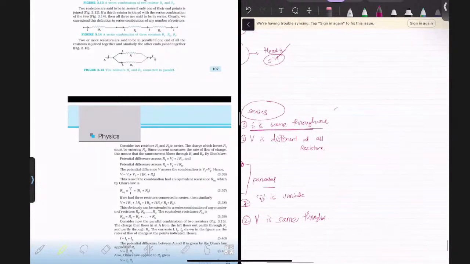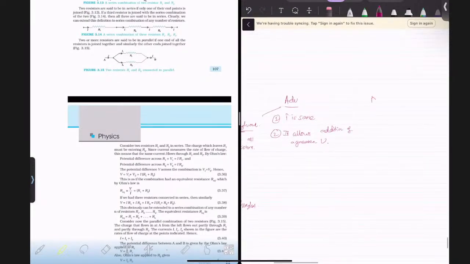Series connection में advantage क्या था, मैं लिख देता हूँ एक बार. सीरीज कनेक्शन में advantage क्या होता? I is same throughout. Second, it allows addition of a greater voltage. Disadvantage क्या होगा सीरीज कनेक्शन में?